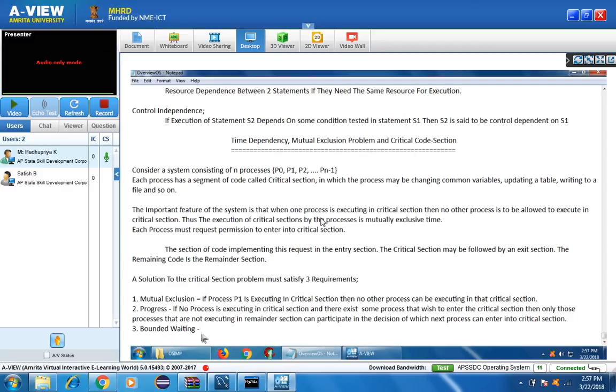This is one more thing which can overcome the problem of critical section.